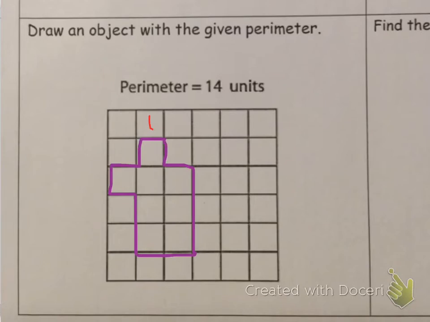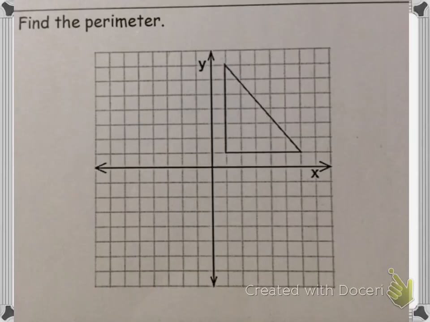So here's 1, 2, 3, 4, 5, 6, 7, 8, 9, 10, 11, 12, 13, 14. That was a really lucky guess because I did not pre-do this. But that object actually has a perimeter of 14. So any object that you can draw that has a perimeter of 14 will work. All right, next question.